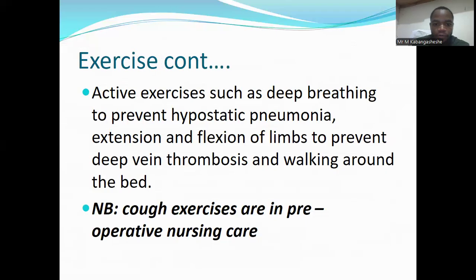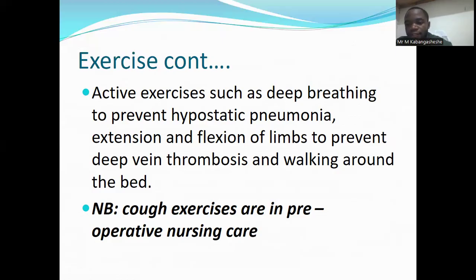This is where we do also coughing exercises. Most importantly, in patients who have undergone thoracic procedures to do with the chest, pneumonectomy, lobectomy, such kind of things. Patients may require serious deep breathing exercises, usually by the use of a balloon.